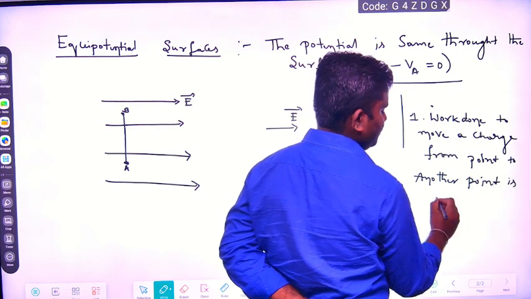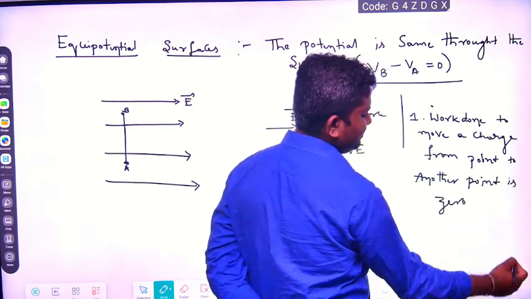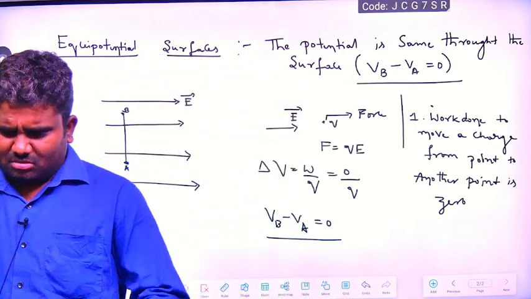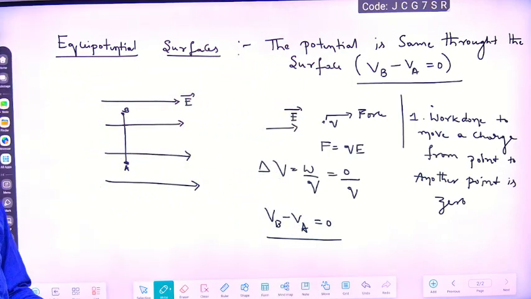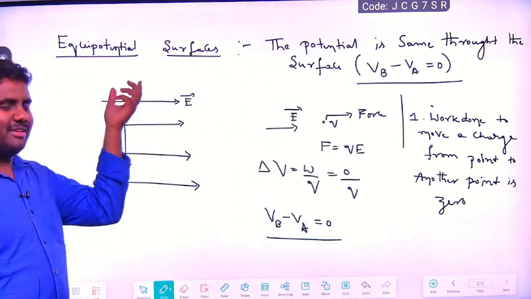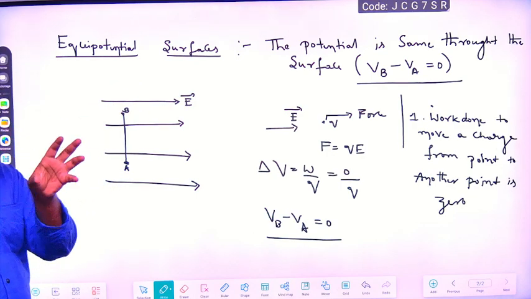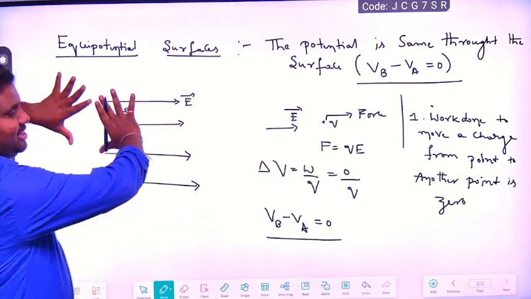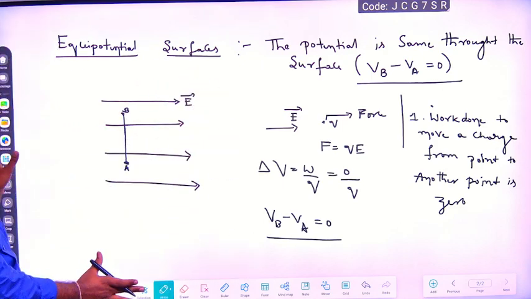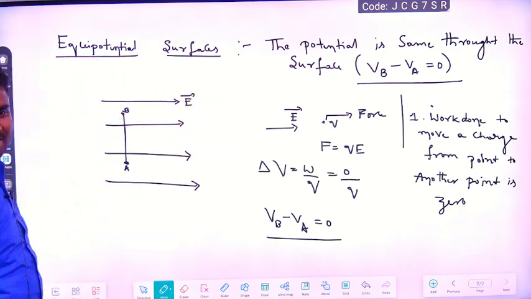This is what an equipotential surface is. You actually need not do work. The charge will go by itself, because in that surface the potential is the same. That is what we call equipotential surfaces.